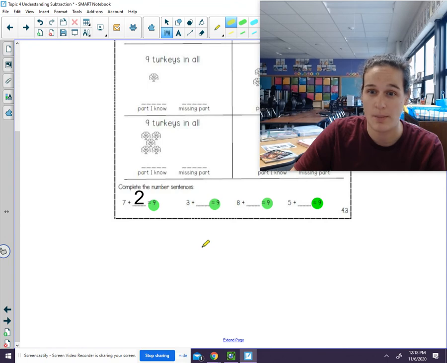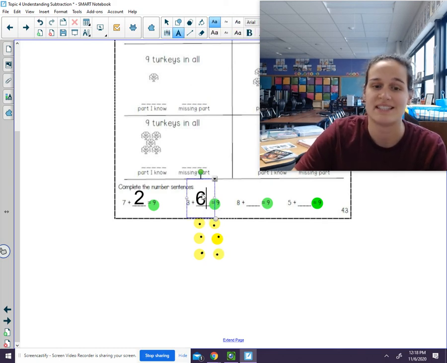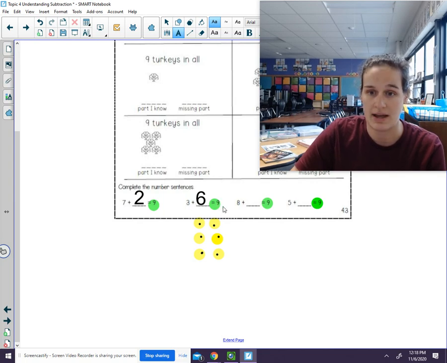I'm going to count on by drawing a picture. 4, 5, 6, 7, 8, 9. I got to 9. But now I need to know how much this is. Well, I could go back and count those dots. I had 1, 2, 3, 4, 5, 6. So it took 6 to get to 9. 3 plus 6 equals 9. Go ahead and do that for the next 2 here as well.